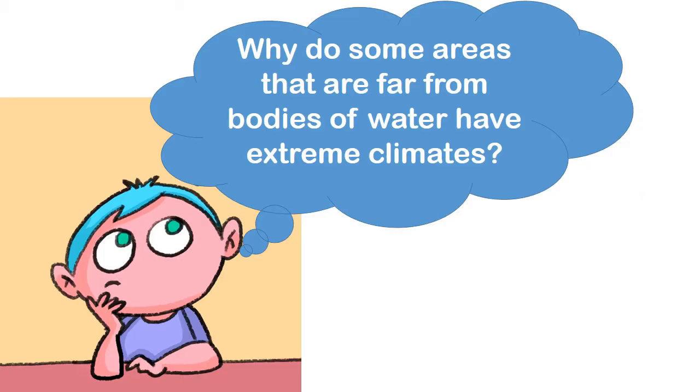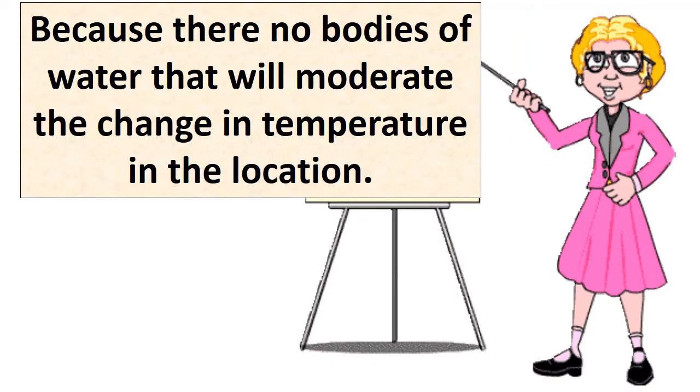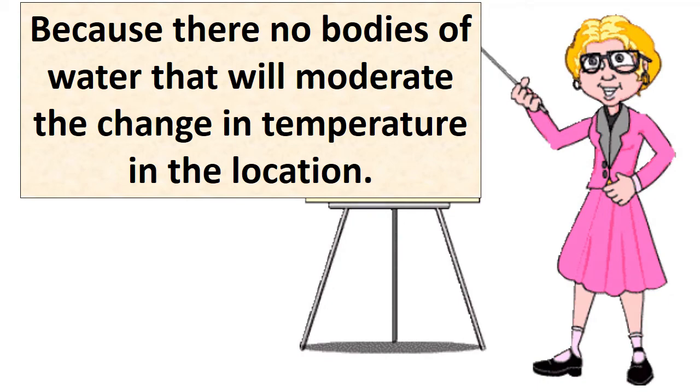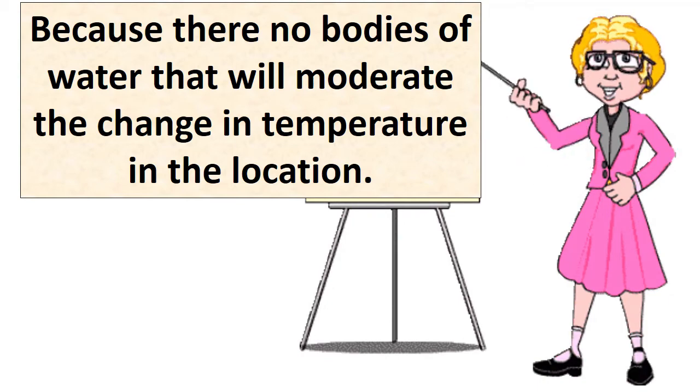And why do some areas that are far from bodies of water have extreme climates? Places that are far from the bodies of water have extreme climates, as there are no immediate bodies of water that will help to circulate the movement of cold and warm air.